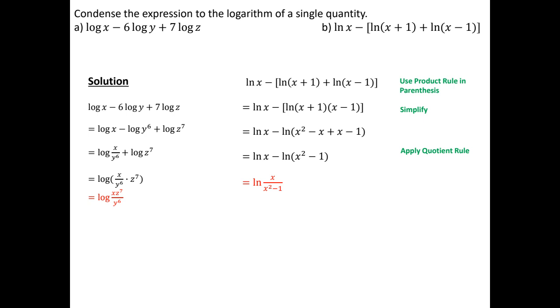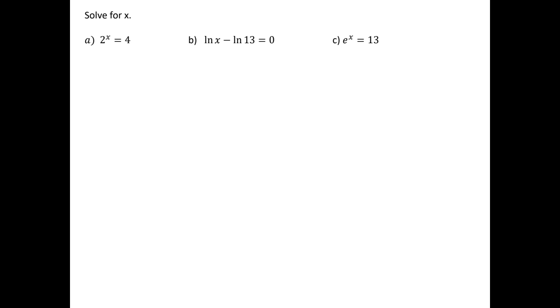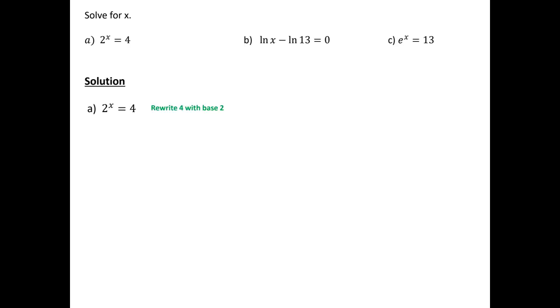Okay. All right, let's now use some of our properties to solve for logs, okay? So let's go ahead and do this first one. 2 to the x is equal to 4. This is very similar to the one that we had at the beginning. I can apply my one-to-one property by converting this 4 into a base of 2.